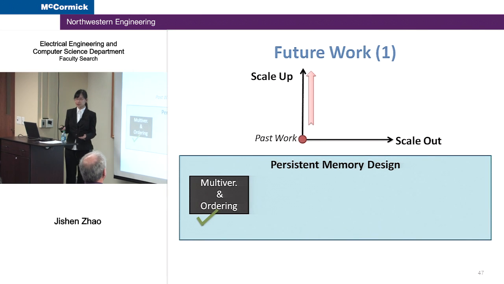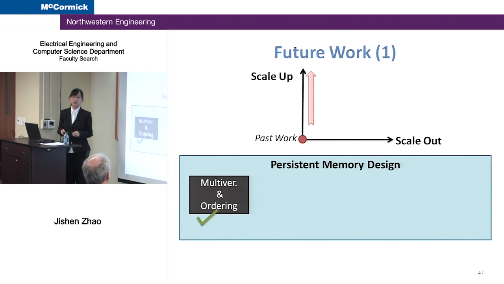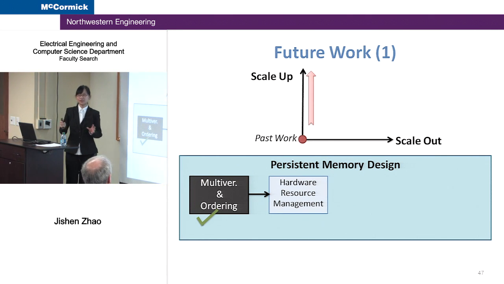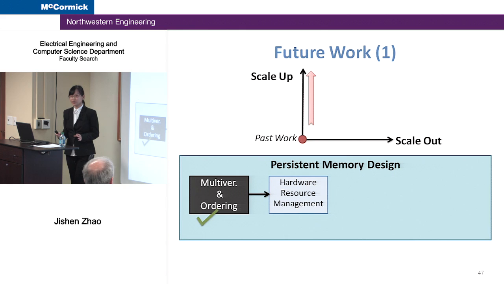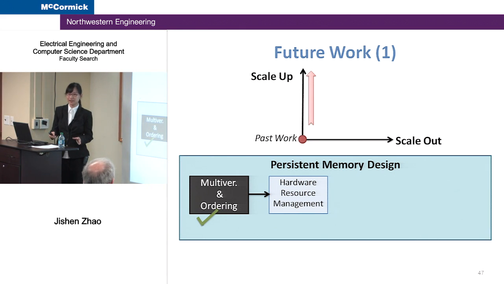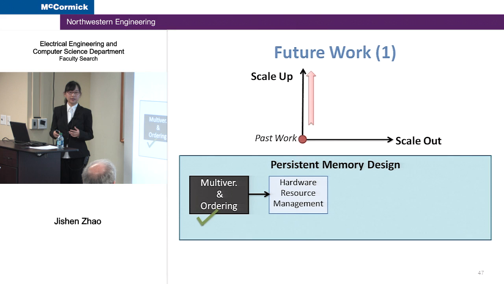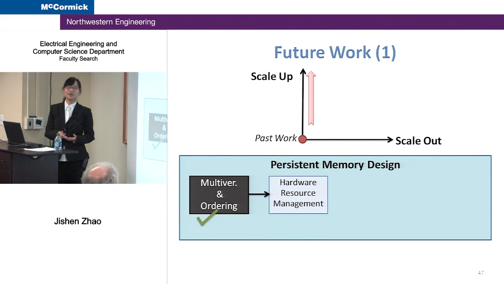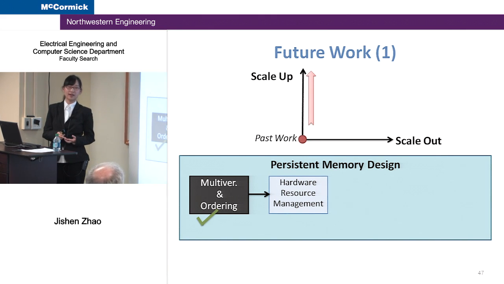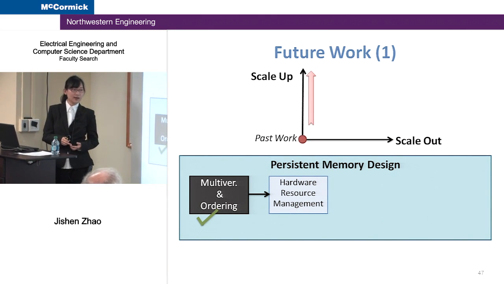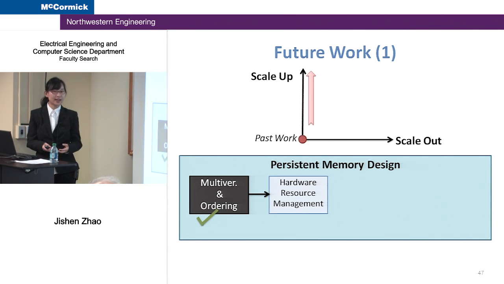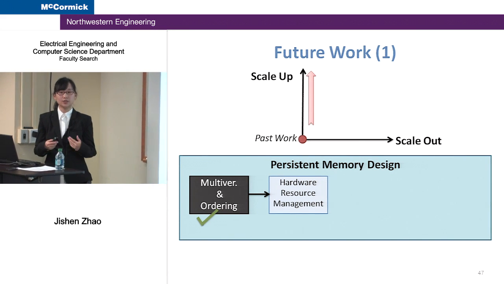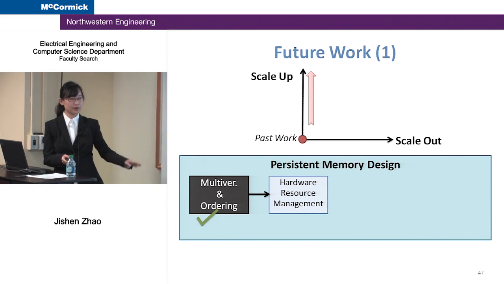But in addition to that, further investigation steps need to be performed. For example, various well-studied hardware components are not well-suited for persistent memory design, as we find. We observe that there are potential performance bottlenecks, for example, in memory controllers, cache coherence, and prefetchers. So I would like to identify these performance bottlenecks and study the solution and optimization mechanisms for these hardware components.